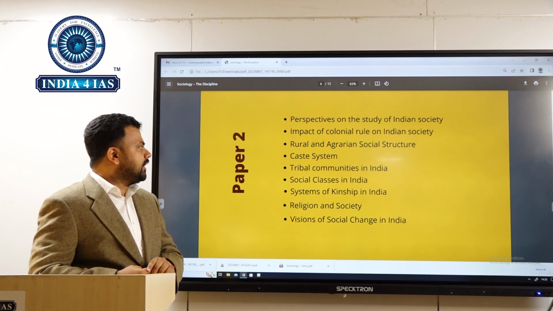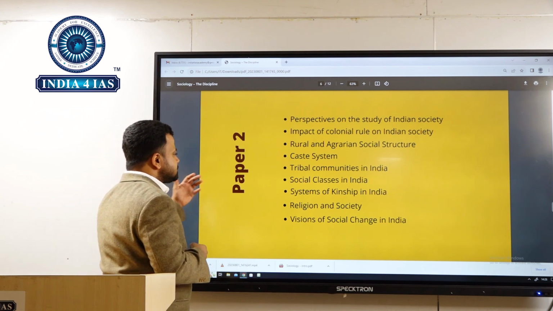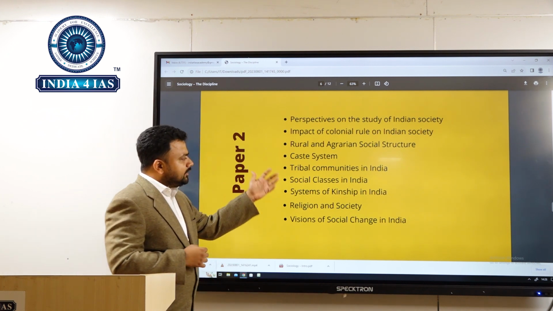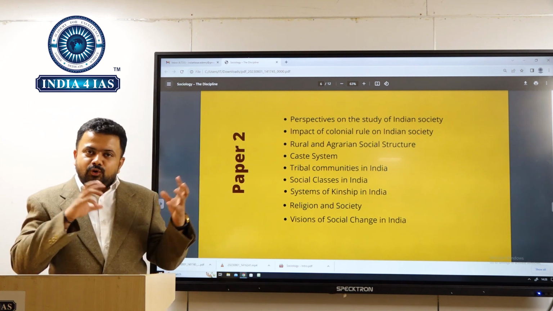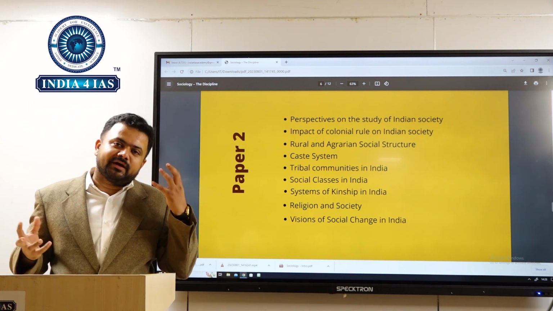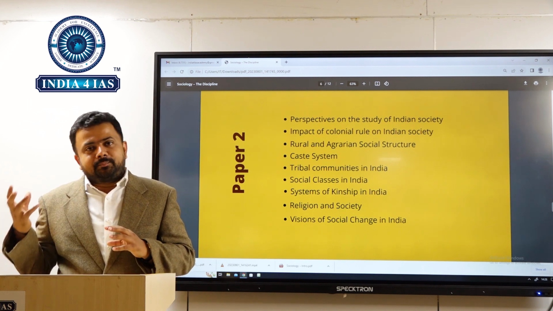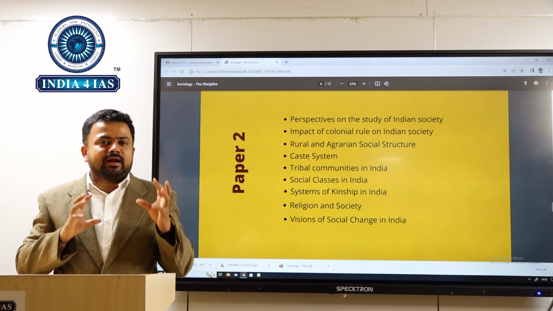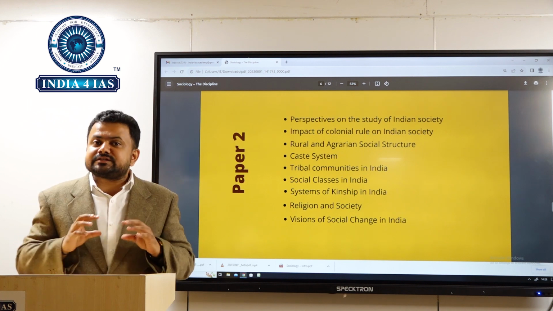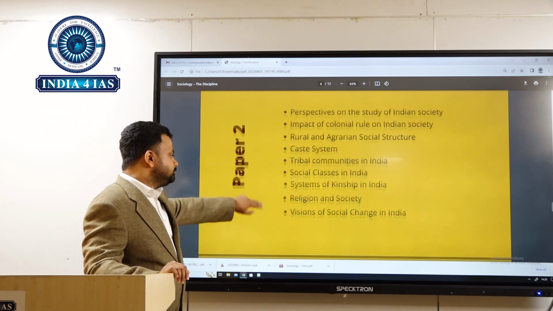And then we have tribal communities, social classes, system of kinship, religion. Here again you can see there is a lot of overlap with paper 1. That is what makes sociology a very interesting optional, because paper 1 and paper 2 overlap with one another, so it is easy for us to study these concepts.